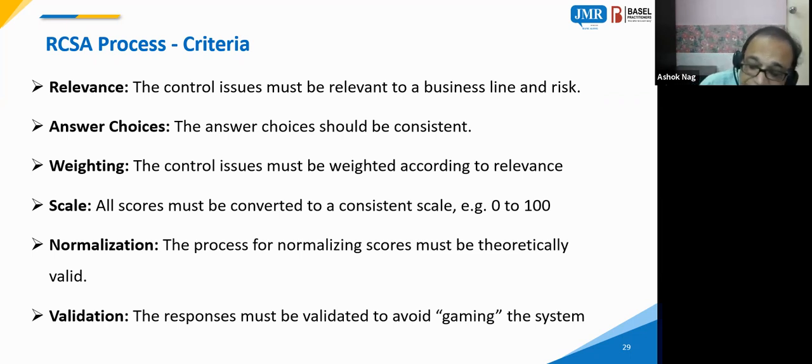They should get a higher weightage, because ultimately it is our job to have a single score of control efficiency at a particular business unit level. And then normalization, validations, all these things are the standard process which has been done here. I think there is not much to talk about.